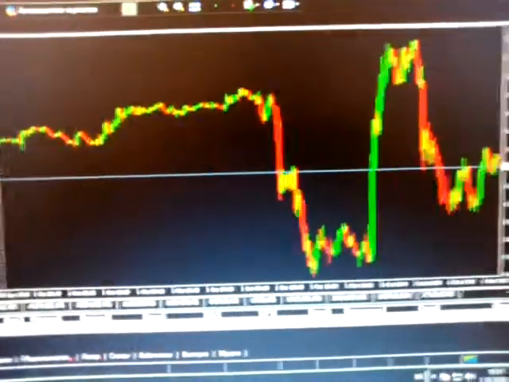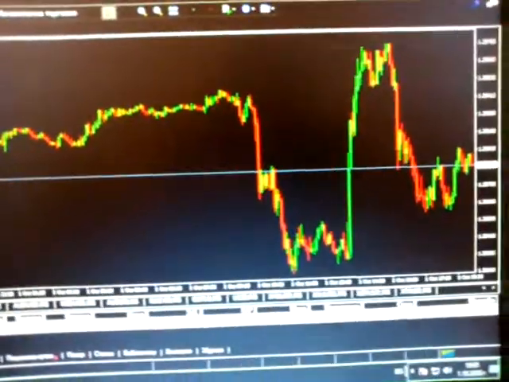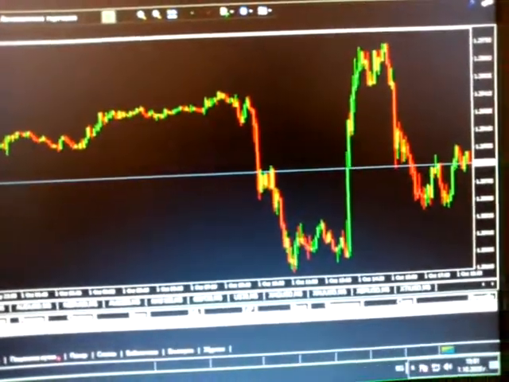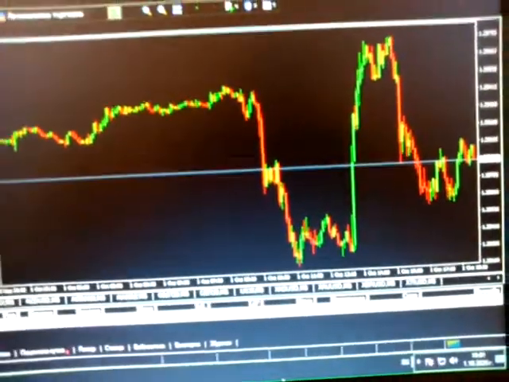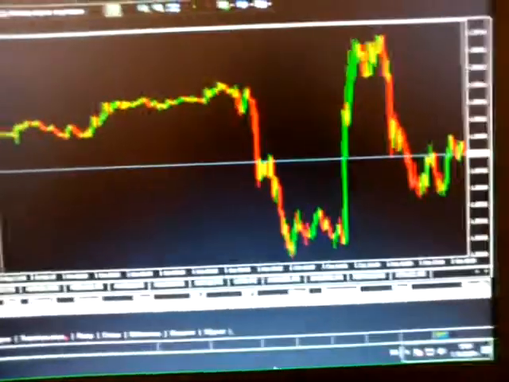It might give you your money back and profit, but it might not give it back. So you don't take the chance, you don't take the risk.